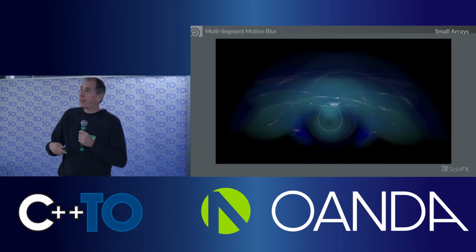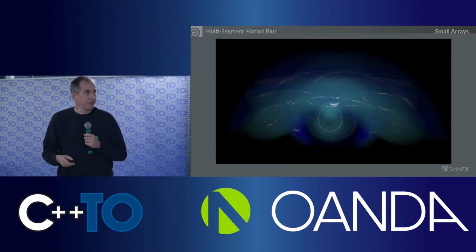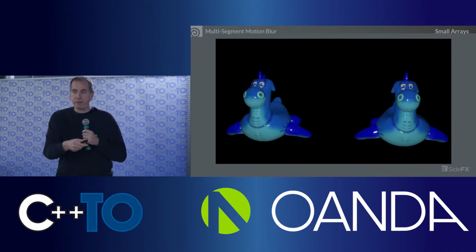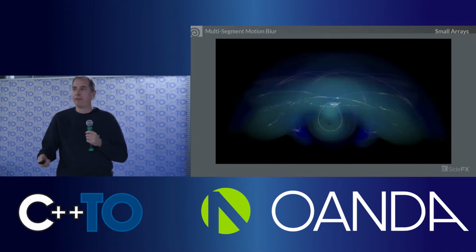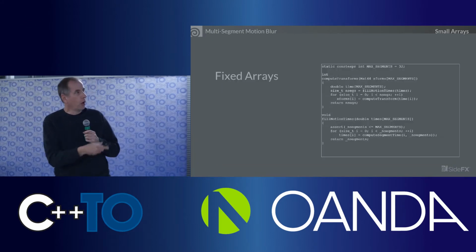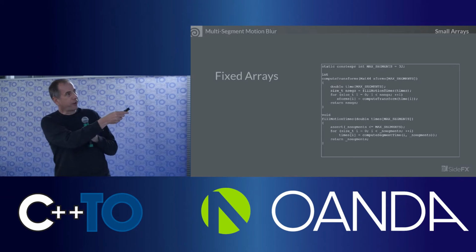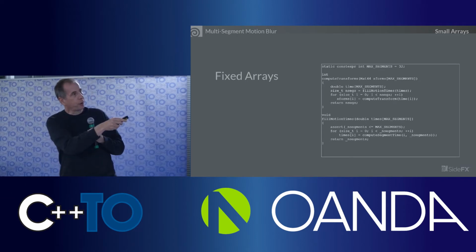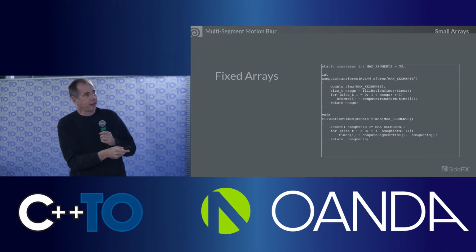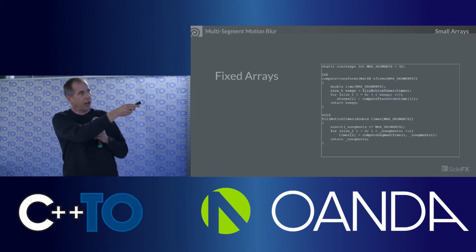So the problem is that in typical cases, you have just two segments where you're doing something very simple, but you want to let the user have arbitrary numbers of segments. One way of approaching this: here's a function called compute transforms, which takes an array of transforms in, and a function called fill motion times, which takes an array of times that it fills in.